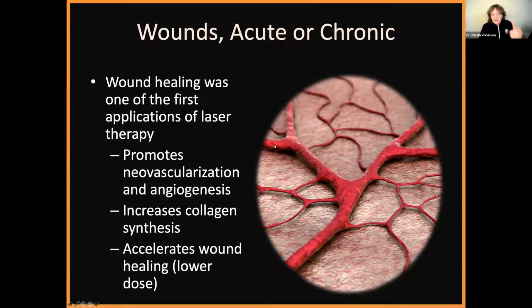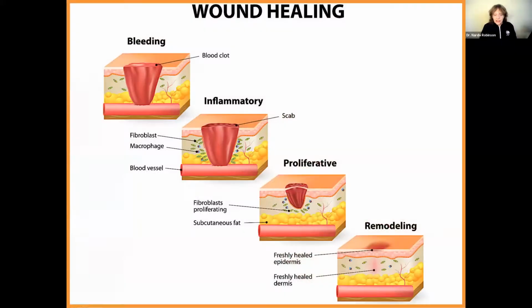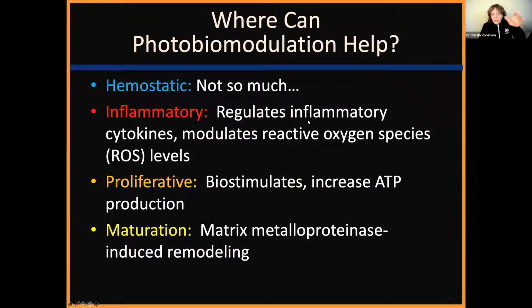There are a number of things that it helps: it promotes neovascularization, angiogenesis, increases collagen synthesis, accelerates wound healing, and so on. So we have these 4 different stages. Where can photobiomodulation help? Well, with the inflammatory stage, it's regulating inflammatory cytokines and modulating reactive oxygen species. During the proliferative phase, it's biostimulatory and increases ATP production, like I've been saying.